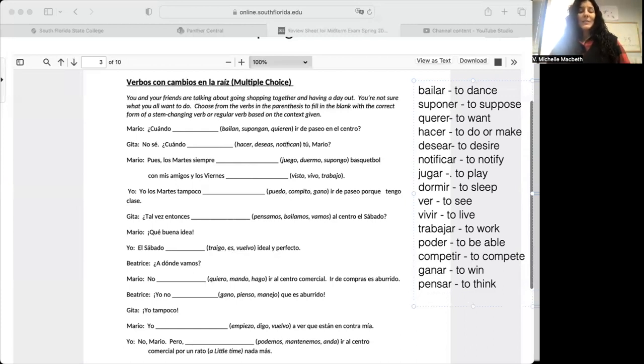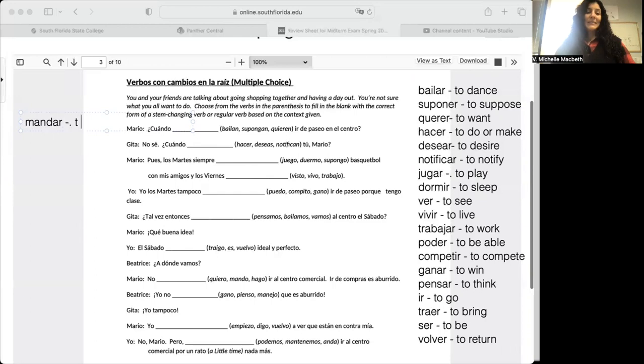Okay. So we have pensar, which means to think. Bailar, we already did. Vamos is ir, which is to go. Traigo is traer, which means to bring. Es is ser, which means to be. Volver is to return. Oh, we've run out of room. We're going to have to move to the other side. Okay. Querer. We have another querer, so we already did that one. Mandar, which means to send.